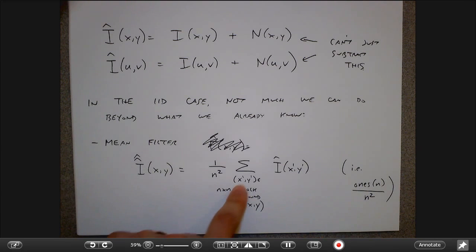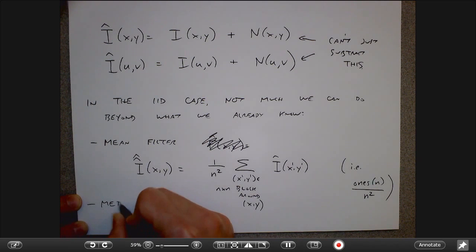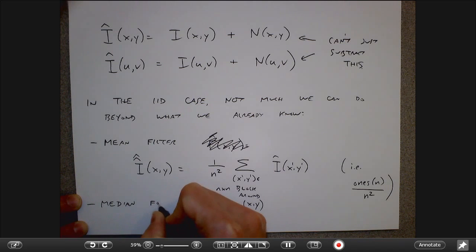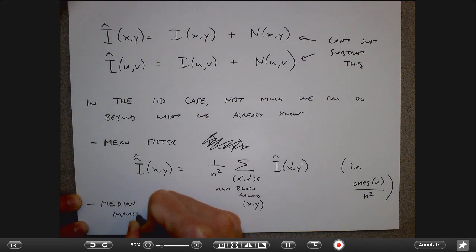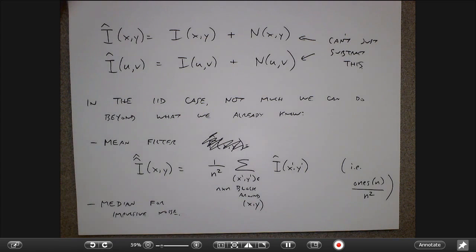And there are some variations on this, right? Instead of using an arithmetic sum, I could use a product and do a geometric mean. That also sometimes helps. And you also know about the median filter, so I don't want to go through those again.